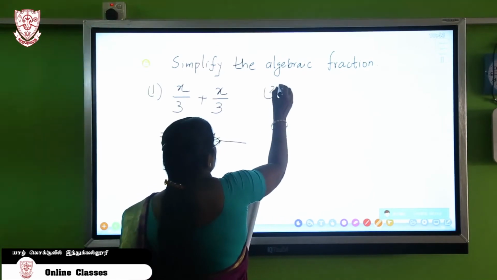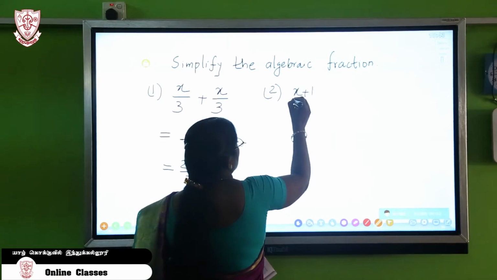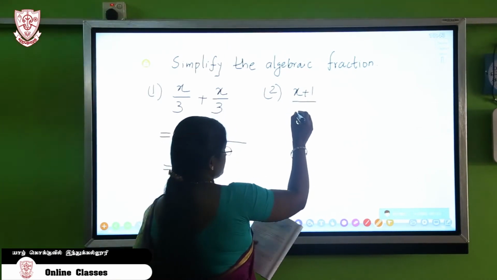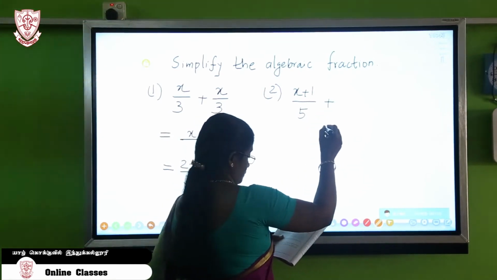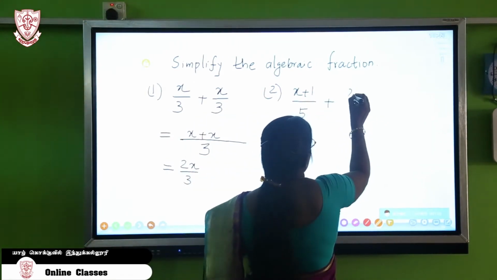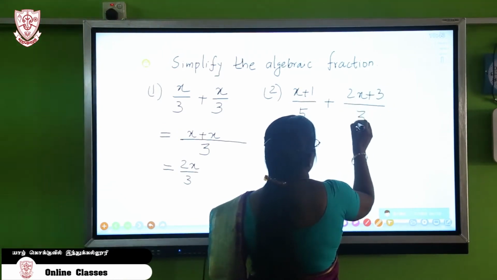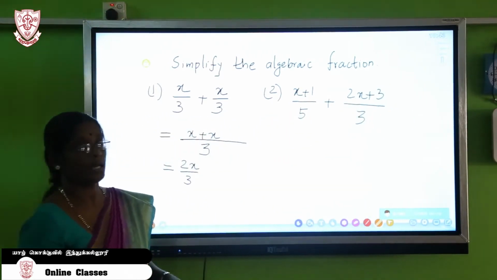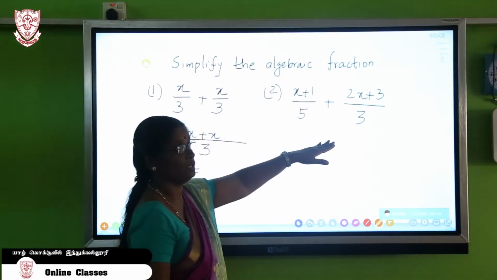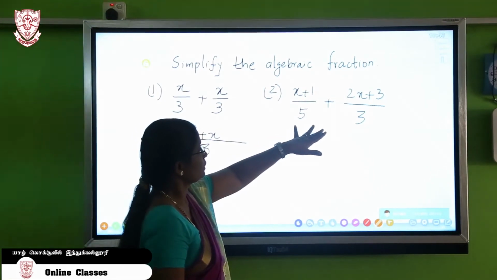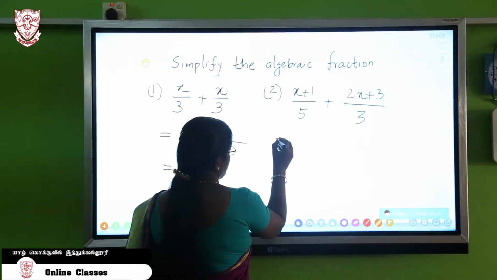Second example. Here in the algebraic fractions the denominators are not equal, so we have to make the denominators equal, then simplify the algebraic fraction.